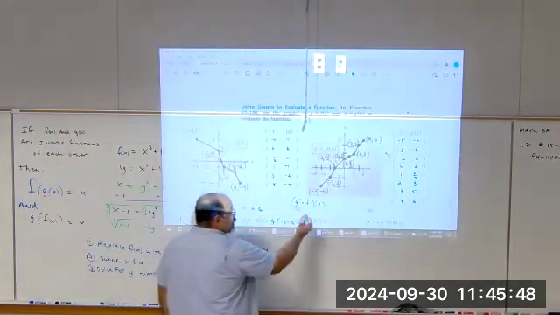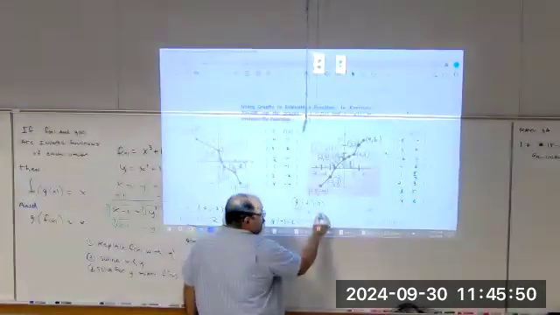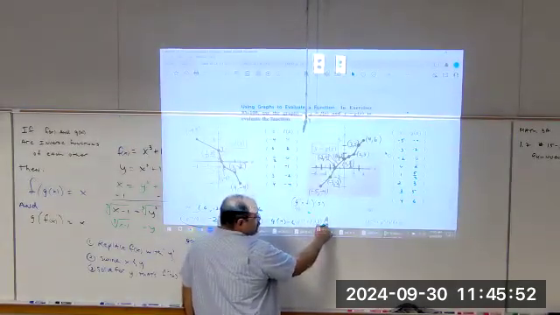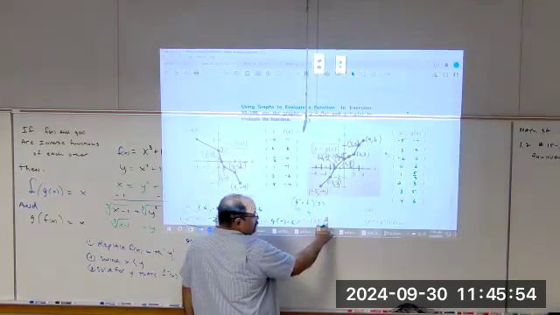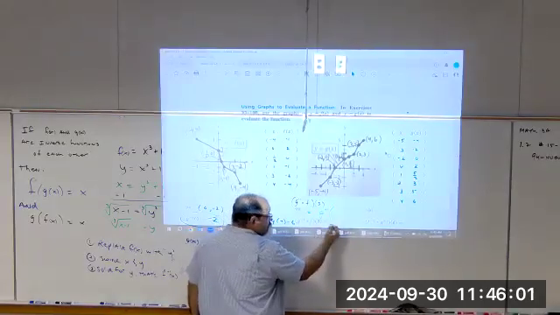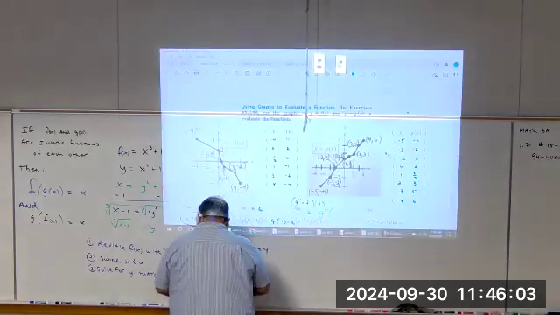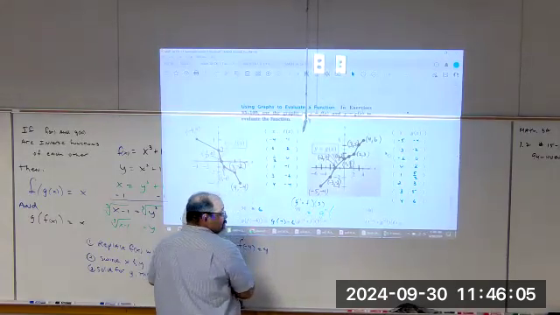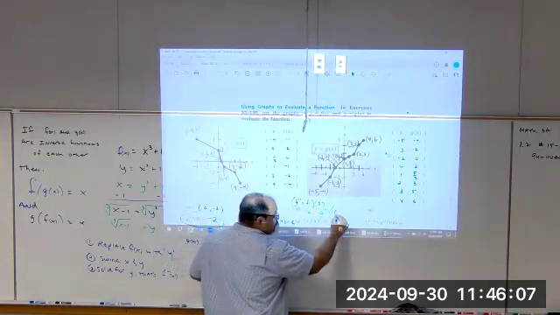First thing you should do is rewrite this. What is the outer function? What's on the outside? g inverse. What am I plugging into that? f of 3.